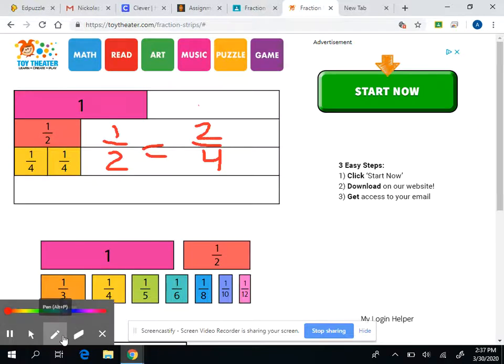Let's see if we can try this with sixths.